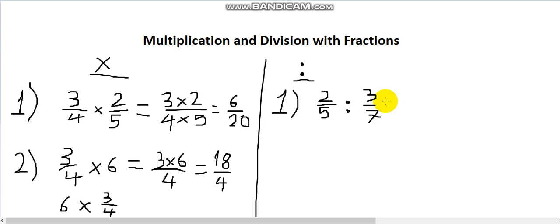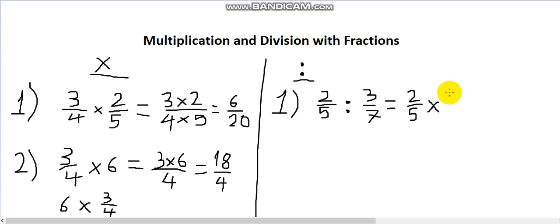What I do here is I leave the first part of the division, so the 2/5, my dividend, the exact same as it is. I don't touch it, but I turn the division sign into a multiplication sign, and the fraction becomes upside down.